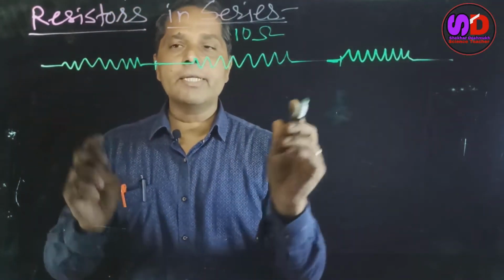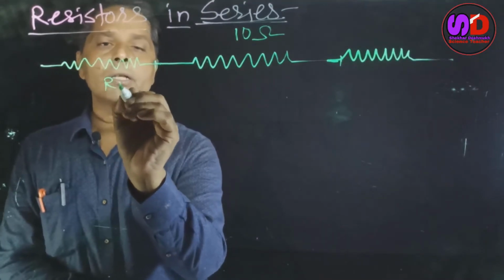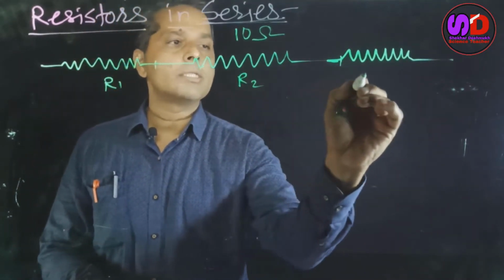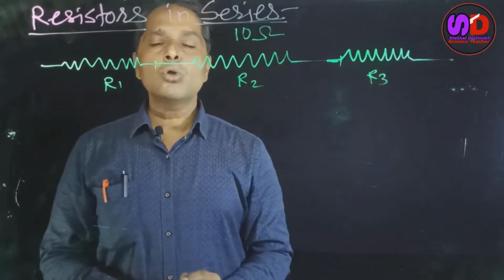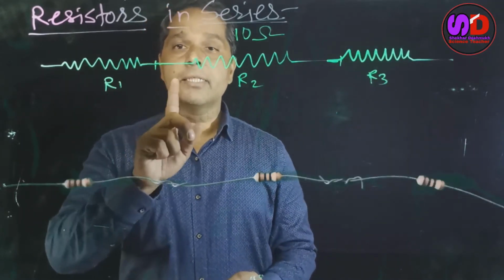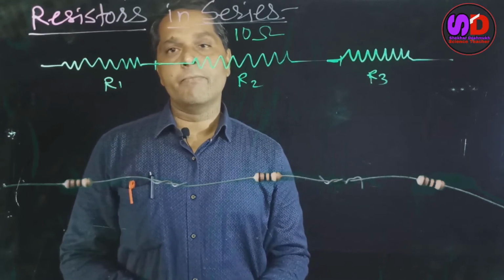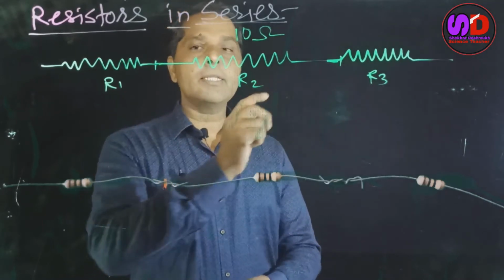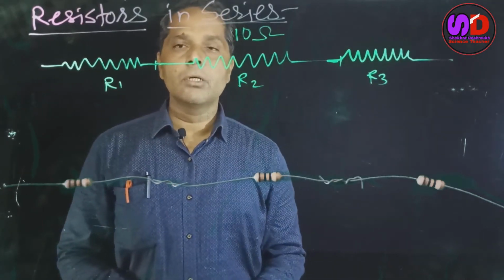Suppose this is R1, this is R2, this is R3. These three resistors are said to be connected in series combination.